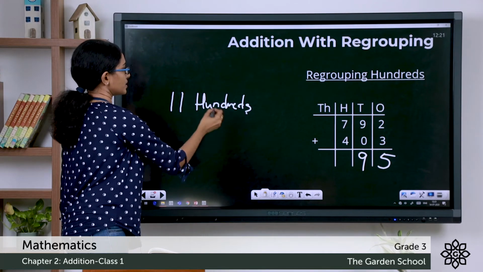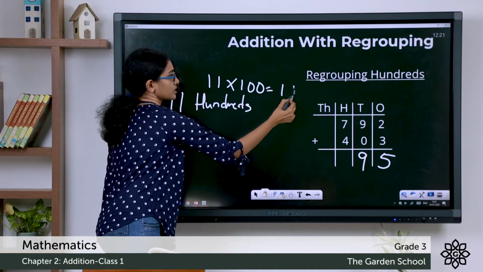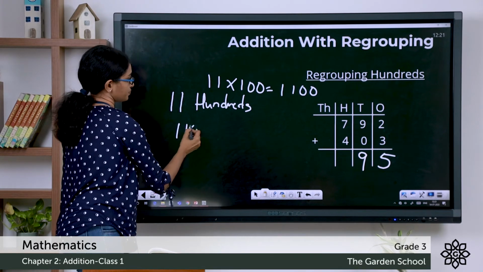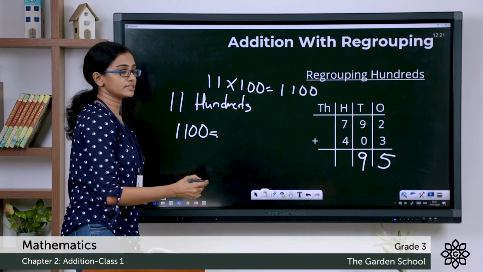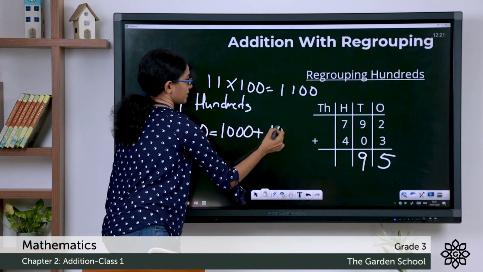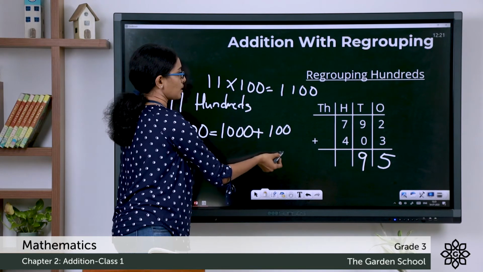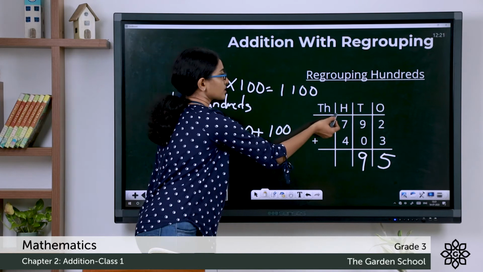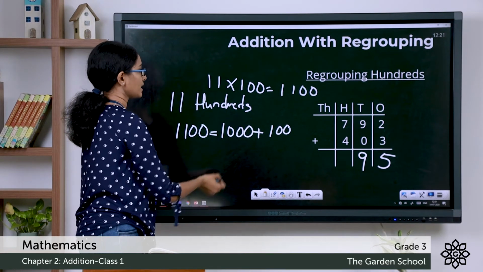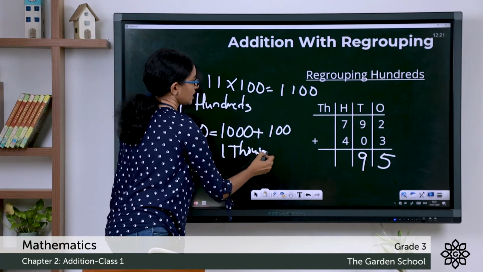So 11 hundreds, or 11 times 100, equals 1100. So that we can split into 1100 equals 1000 plus 100. Okay? So when you are actually adding 700s and 400s, you are getting 1000 and 100.